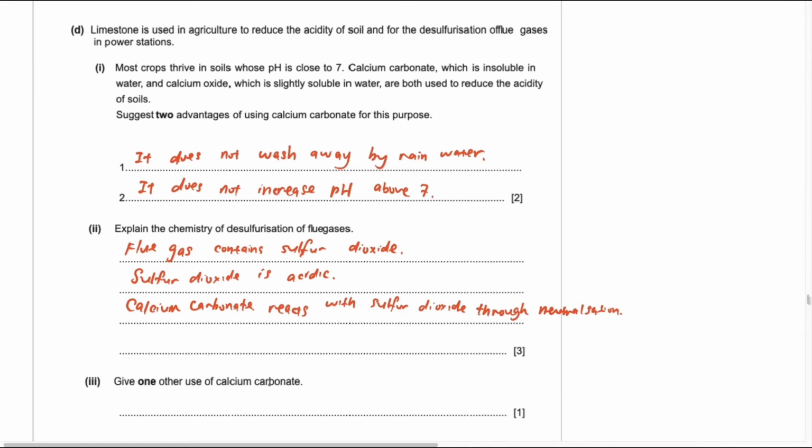Give one other use of calcium carbonate. Okay, so it's making steel, the one that we discussed just now, making steel or iron in a blast furnace.